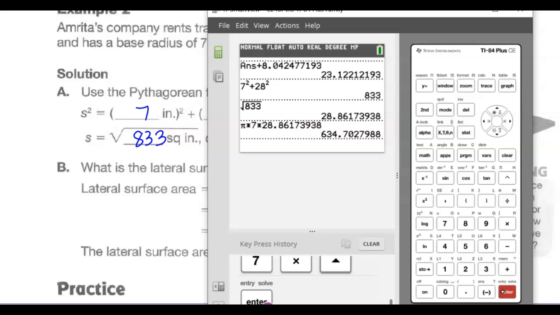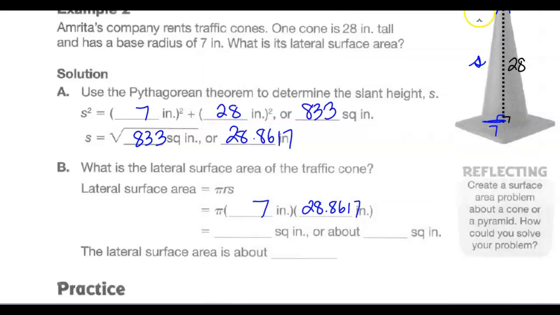And what do you get? 634.7028. And so that's approximately, if I round to the nearest whole number, 635 square inches. Okay?